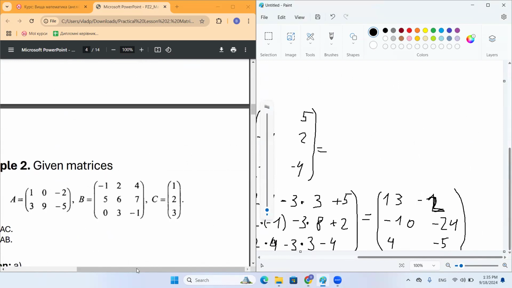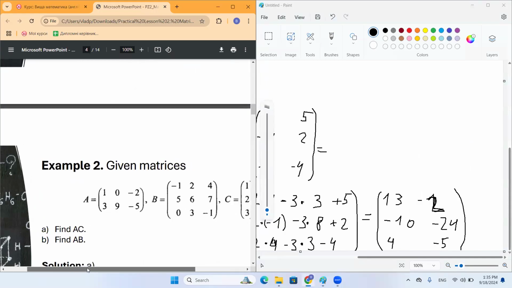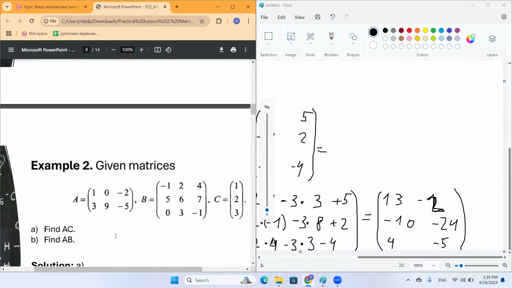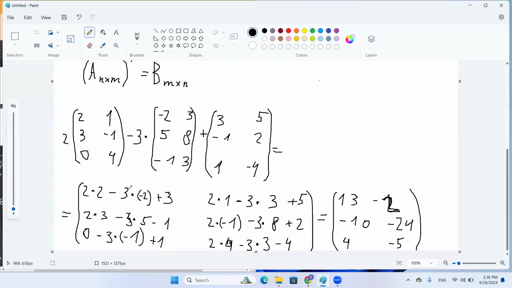And now let's multiply matrices. Let's first multiply A by C. Okay, AB will be your homework. So what is the first question?